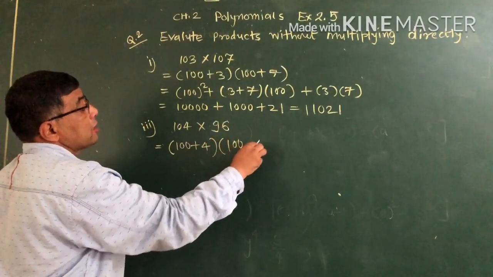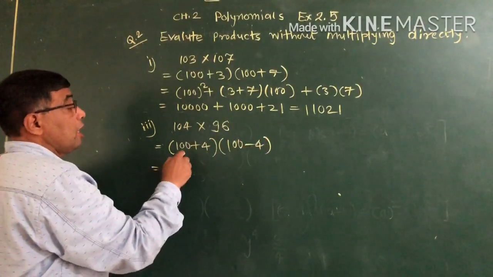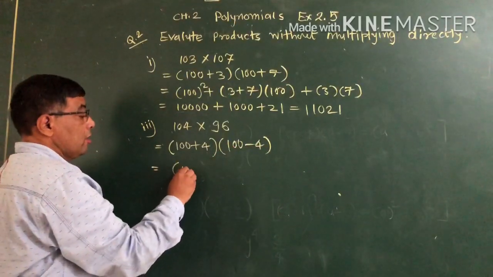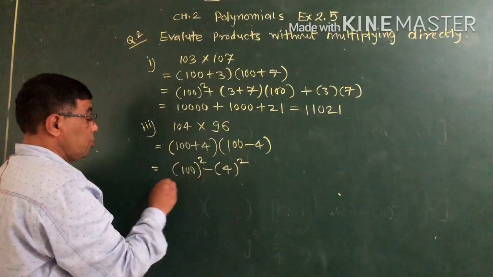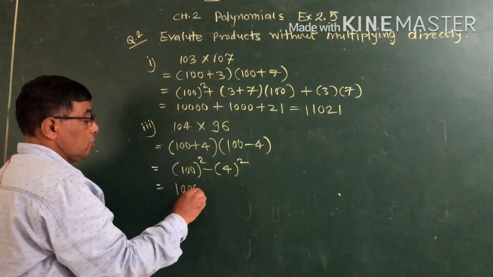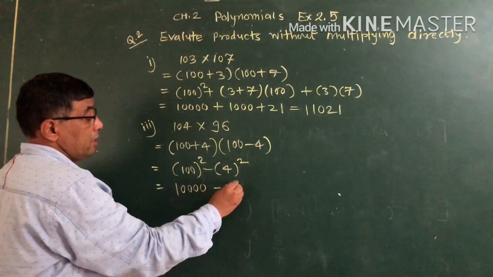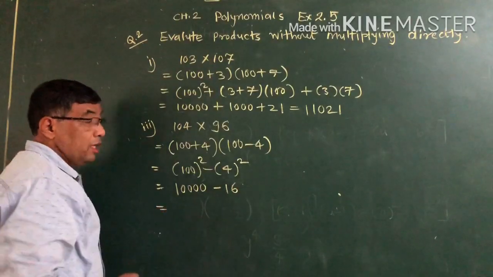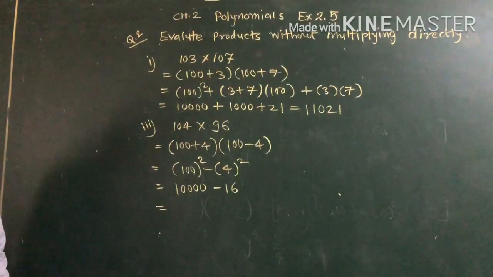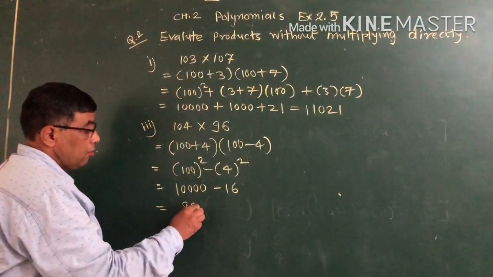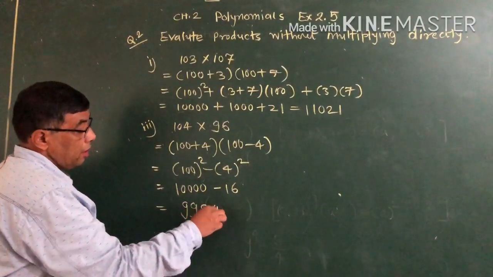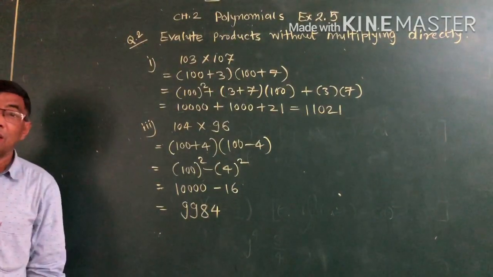In the next one also, we write this one as 100 plus 4 and this one as 100 minus 4. So this is (a + b)(a - b), which is 100 square minus 4 square. So 9984 is the answer.